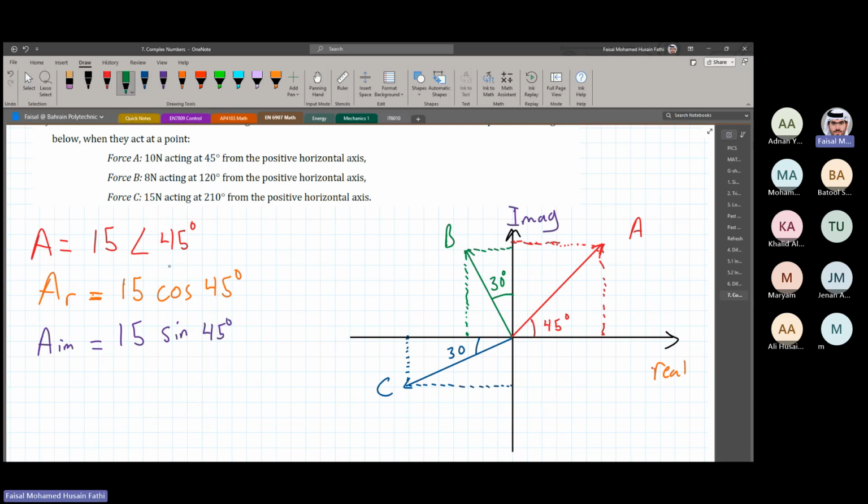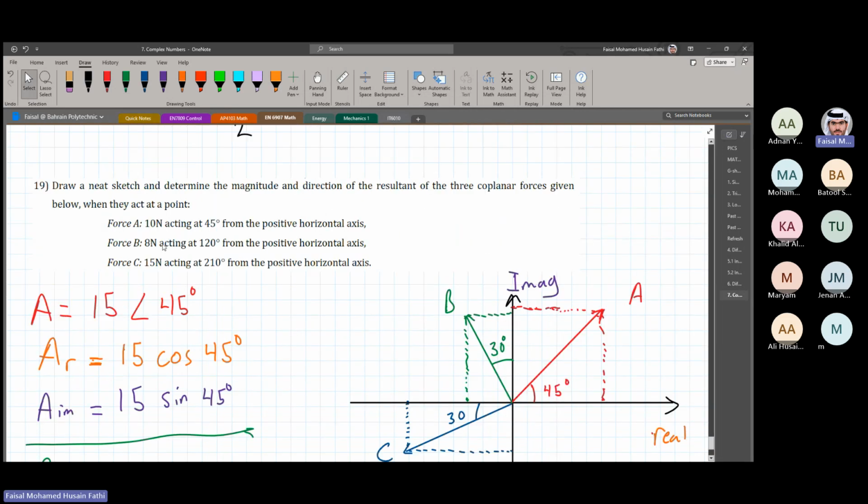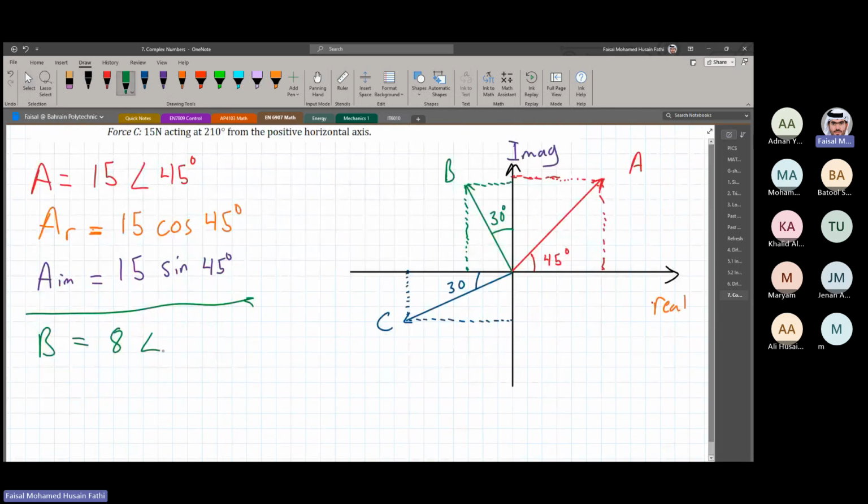For B, what color did you use? Green? For B, it's equal to 8 angle 120 degrees. But keep in mind, we're not looking at the 120 degrees. We need to find this angle over here. This is the angle we are using to find the real or imaginary.